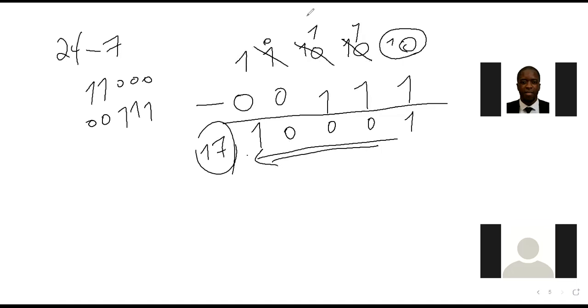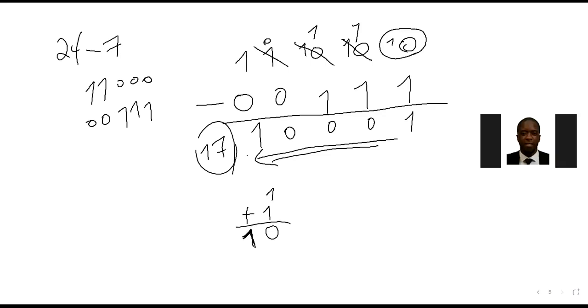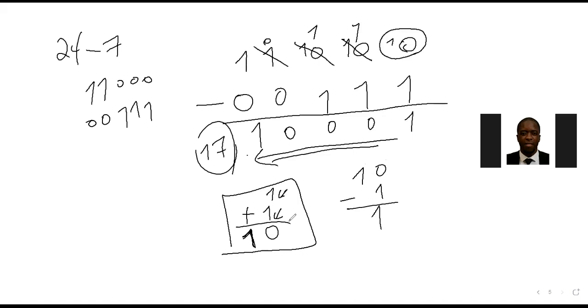Any other questions? Let me see. Before Chiminya asks his question, look here. 1 plus 1 is equal to 1, 0, which means 1, 0 minus 1 is equal to 1.